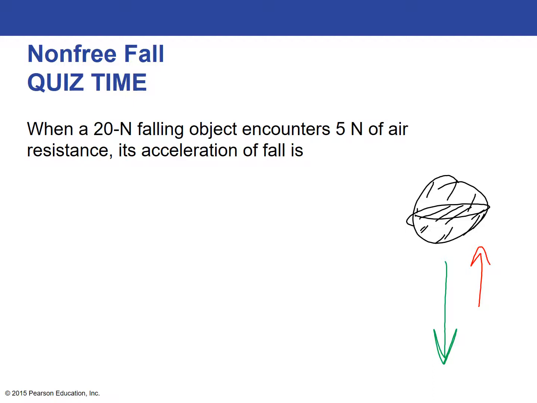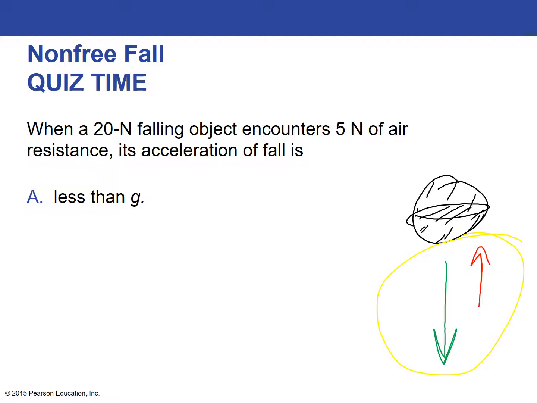Remember that one of the things that we gain from drawing our vectors is we put them in relative sizes. So our downward force is bigger than our upward force. So what's going to happen to the acceleration of the fall? Is the acceleration less than g?